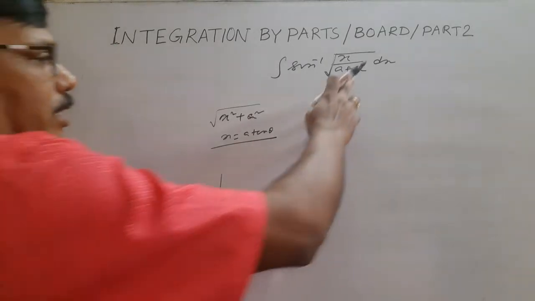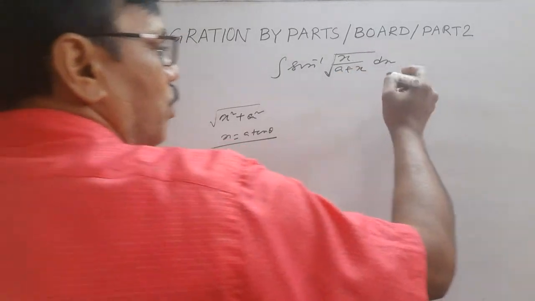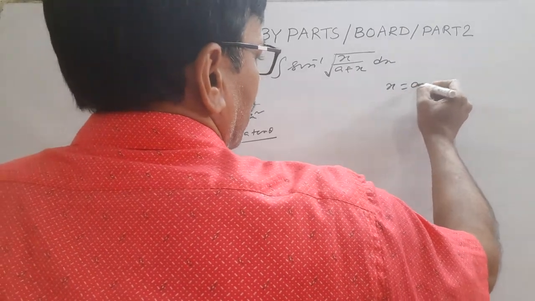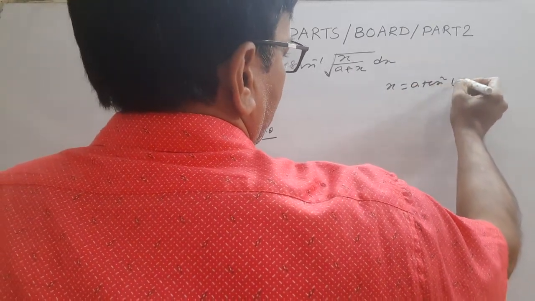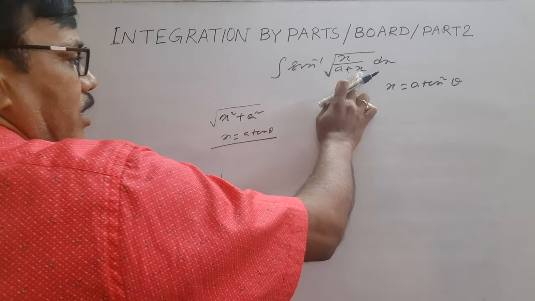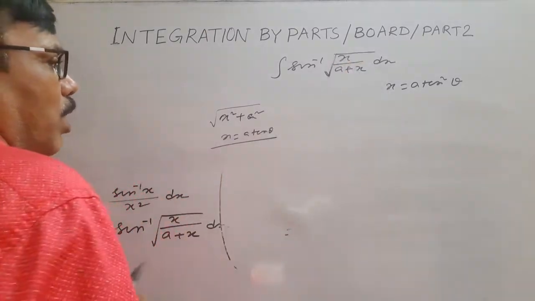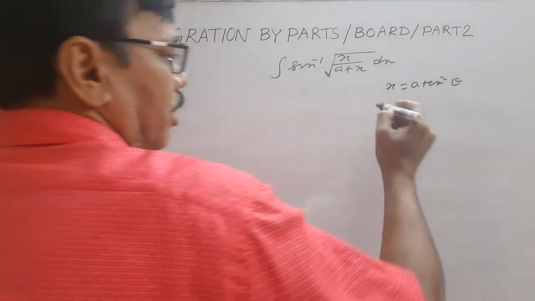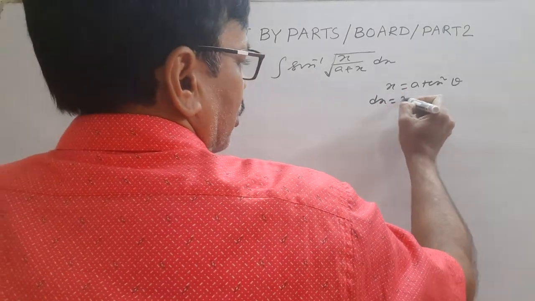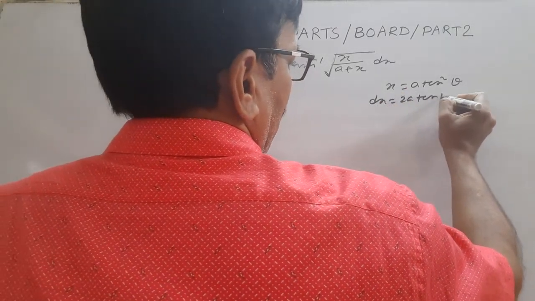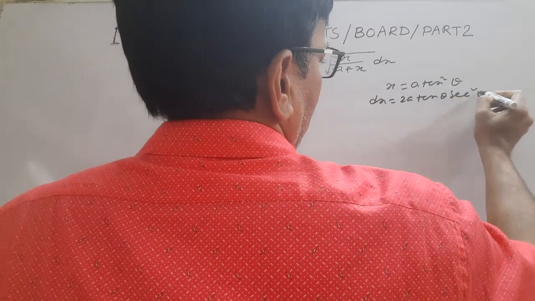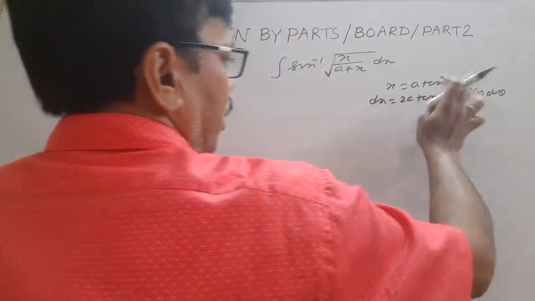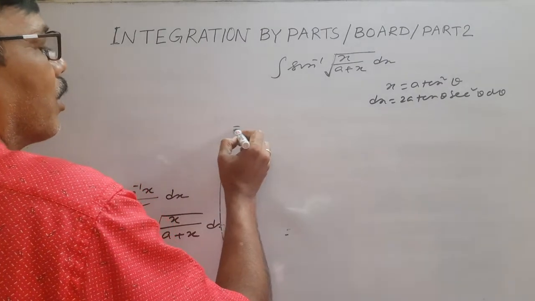But it is x, so we put x equals a tan square theta. If we take a common, 1 plus tan square is sec square. We can simplify it. So what is dx? 2a tan theta sec square theta dθ.